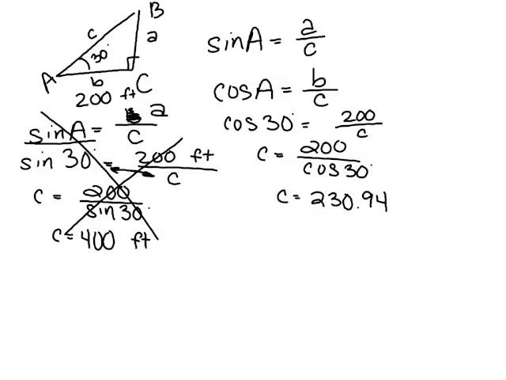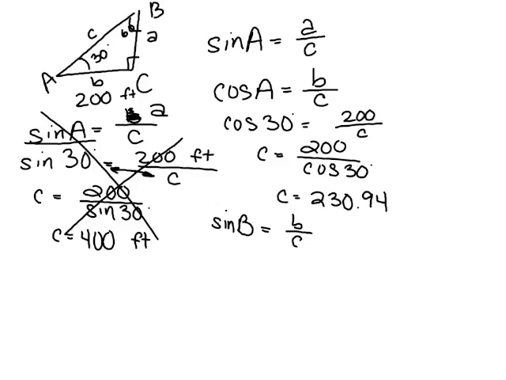So let's verify that. If I know angle A is a 30-degree angle, then I know angle B is a 60-degree angle. So let's use angle B to check our hypotenuse length. So I'm given 200 feet, and that is opposite or adjacent to angle B? Opposite. Okay, so if we do the sine for angle B, it is the opposite side over the hypotenuse.